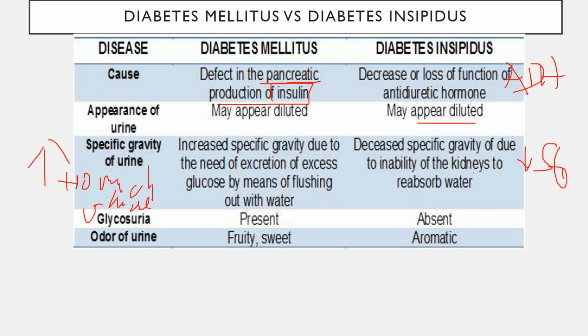Again, the reason for this is the inability of the kidneys to reabsorb water. So glycosuria is present in DM, absent in diabetes insipidus. In diabetes mellitus, the odor of the urine is fruity or sweet, while in insipidus, it tends to be aromatic. So take note of the difference between DM and DI.